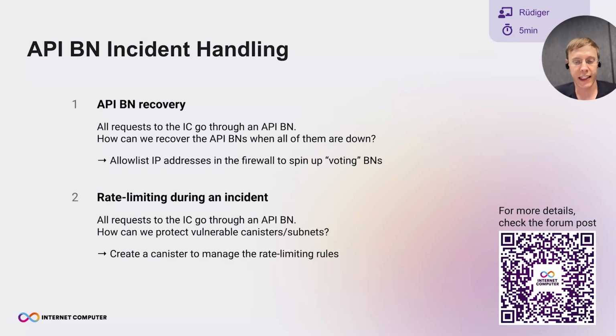Whenever some component is affected, the API boundary nodes might be able to help because they can apply limits or filters on the incoming requests. For this, we propose to set up a system canister that hosts these rate limiting rules, and the API boundary nodes will pick them up and enforce them. I have more details on that on the next slide.